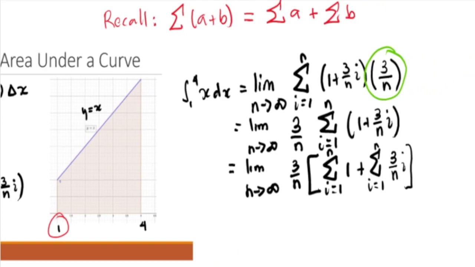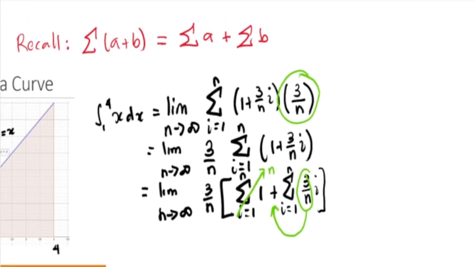Okay, now this part here, technically we're just adding n number of ones. So we can say that this is equal to n. As for this part, similar to this one, we can take out the 3 over n. Then we just have the summation of i.